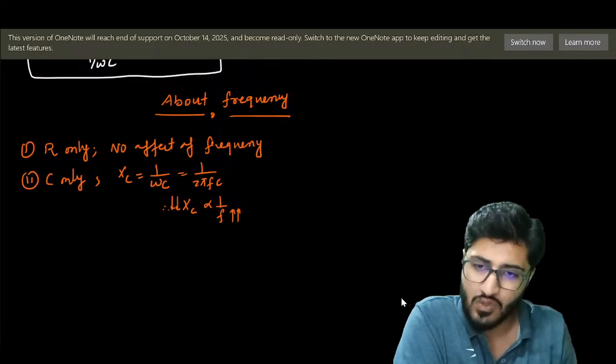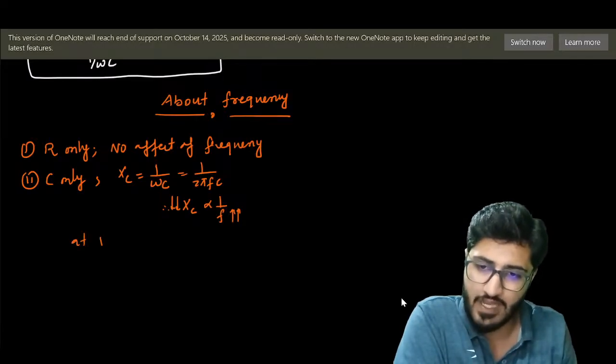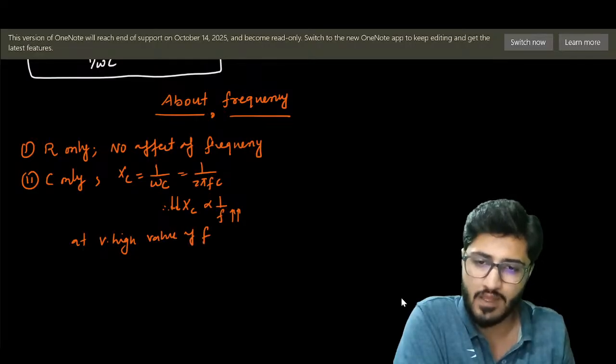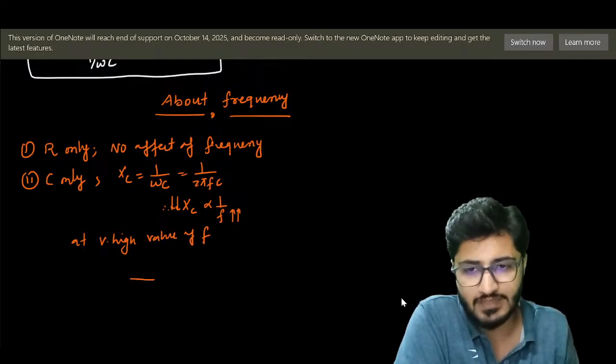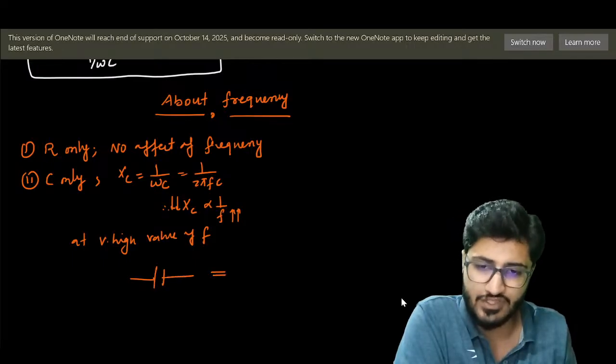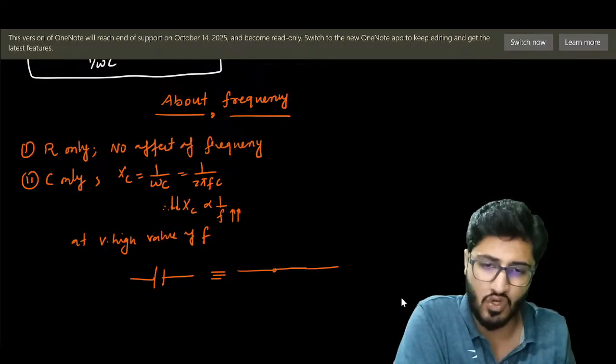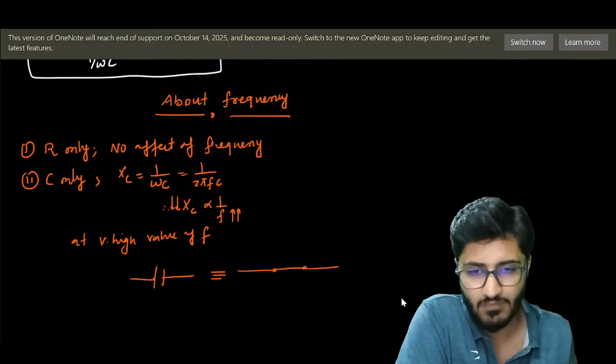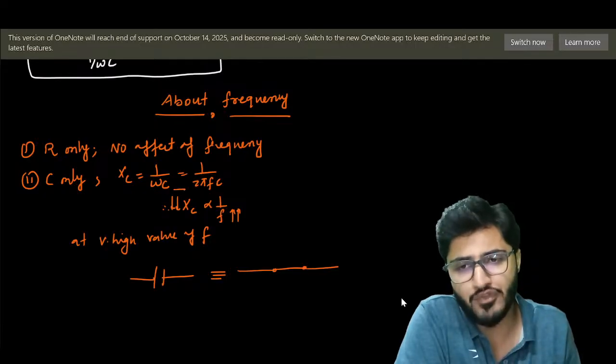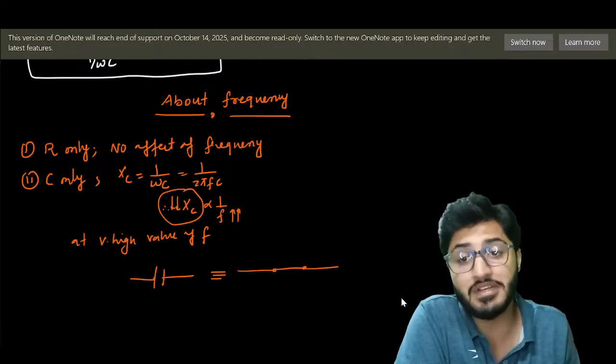So at a very high value of f, we can just treat the capacitor as a short circuit. Why? Because it gives minimum opposition.